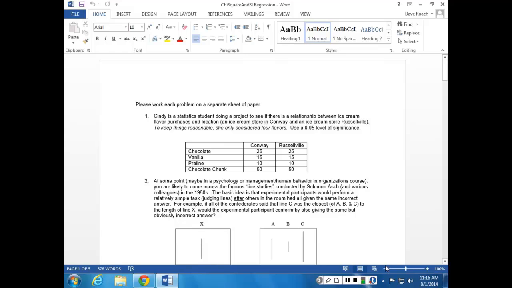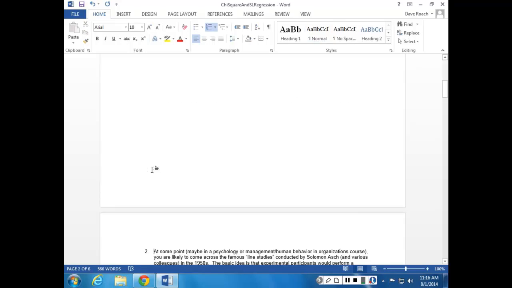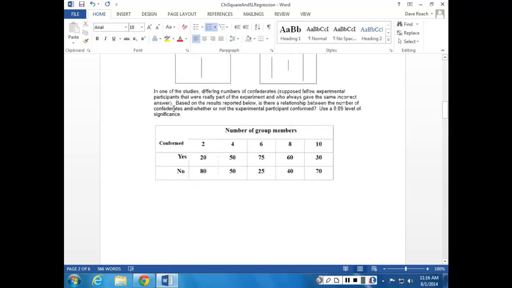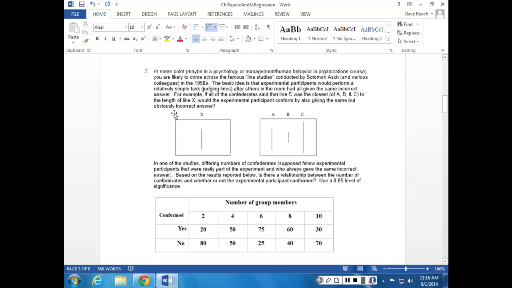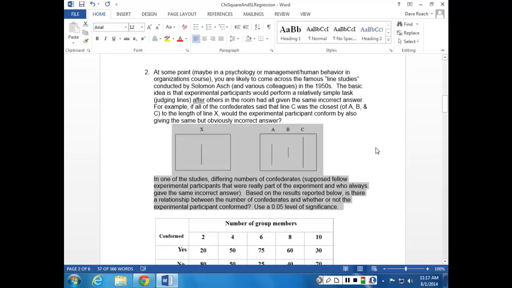Okay, I should have done this a little bit. If you look at number 1 on the sheet that I gave you there, I'll just erase that. So in this one, you probably have seen this before somewhere, either in your psychology class or maybe on the back of a cereal box sometime.